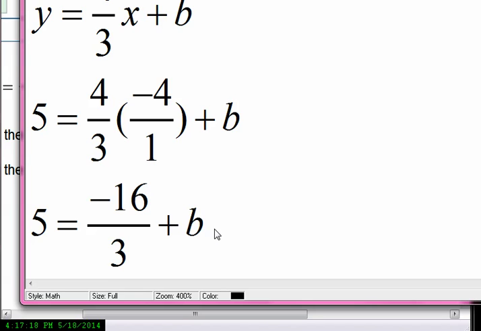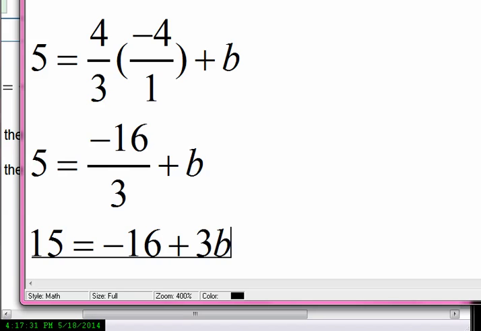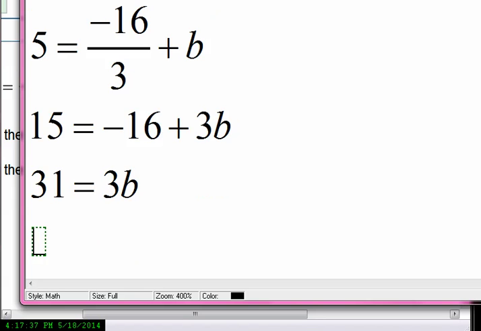And then I'm going to multiply both sides by 3 to cancel the 3's. And so I'll get 3 times 5, which is 15, equals -16 plus 3b. Adding 16 to both sides, I get 31 equals 3b. And then when I divide by 3, I get 31/3 equals b.